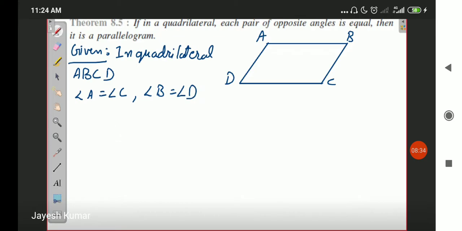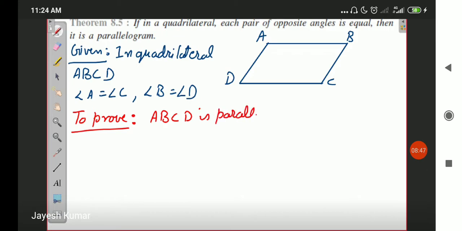We have to prove that ABCD is a parallelogram. So how do we prove a quadrilateral a parallelogram? We need to prove that both pairs of opposite sides are parallel to each other. So how do we prove that both pairs of opposite sides are parallel to each other?